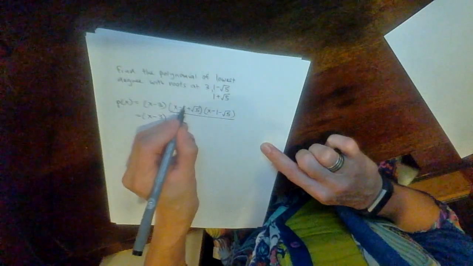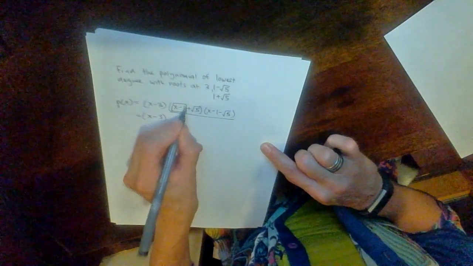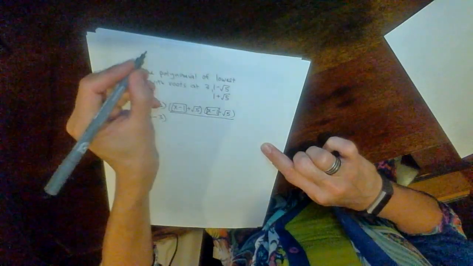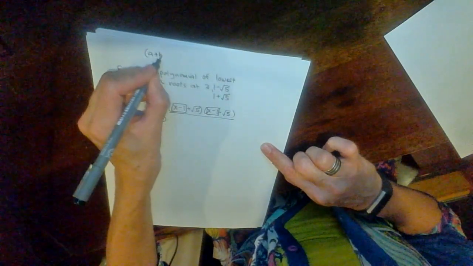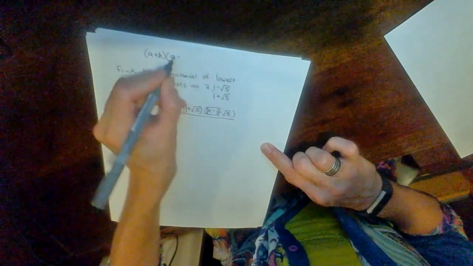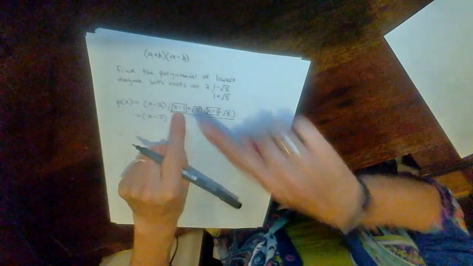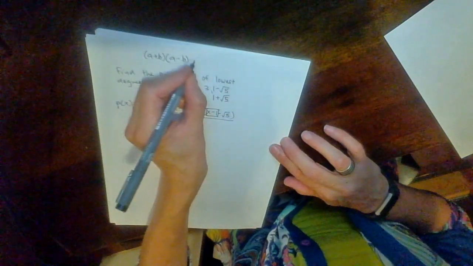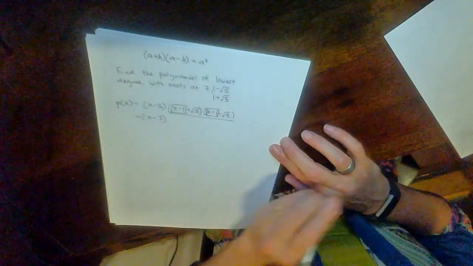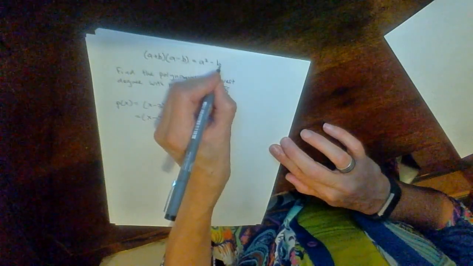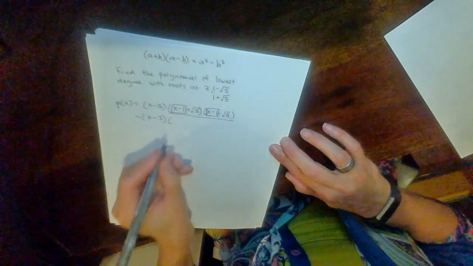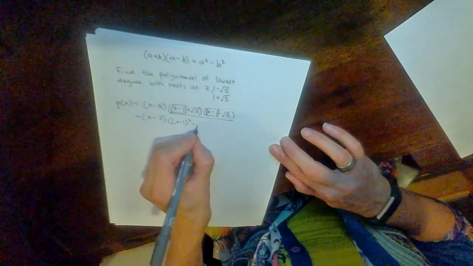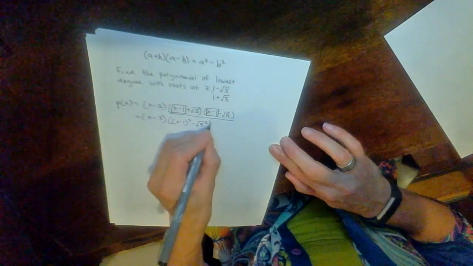If I'm really smart about it, and I think of x minus 1 as one thing, do you see you've got a situation where you've got a plus b times a minus b, except in the place of a I've got x minus 1, and in the place of b I've got root 5. So that's going to multiply together to a squared minus b squared. So this is going to multiply to x minus 1 squared minus root 5 squared.